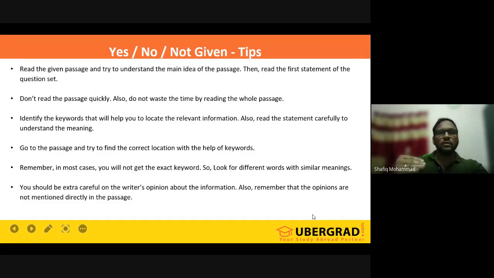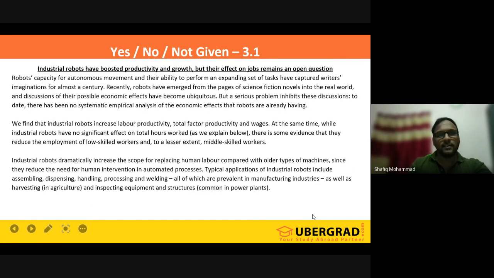Instead of true, you can't give yes, and instead of yes, you can't give true. Whatever the instruction is, just follow it. There's not much difference between yes and no. You know that, right? So, let's start.